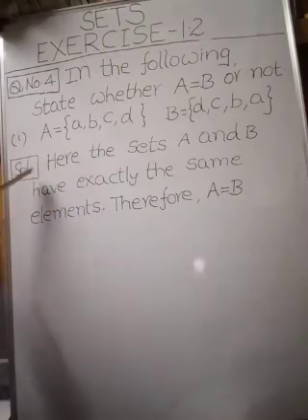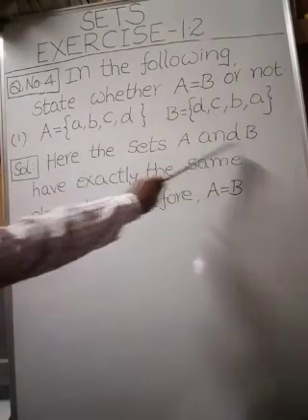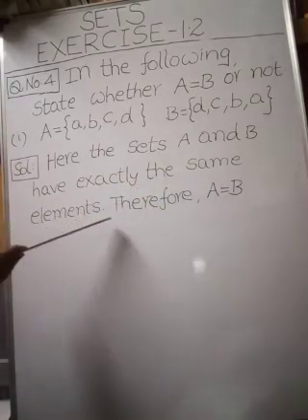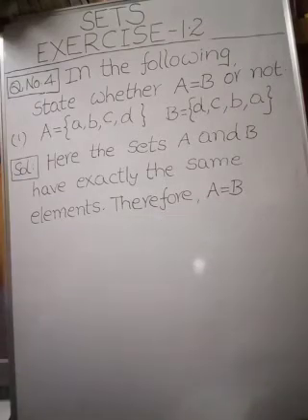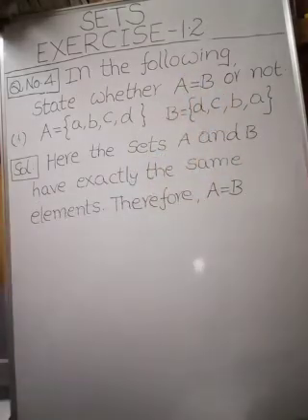See, come to the solution part here. The sets A and B have exactly the same elements. Therefore, A is equal to B. You know that if two sets have exactly the same elements, the order of elements doesn't matter. In a set, we can write the elements in any order.